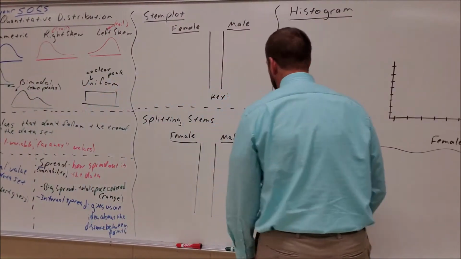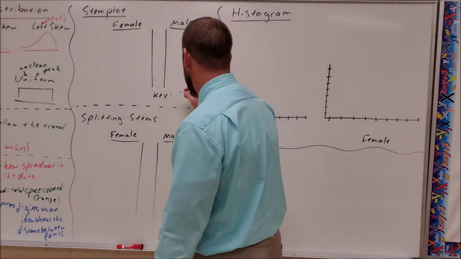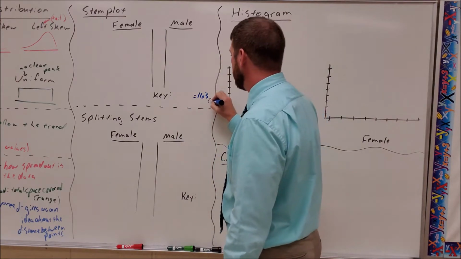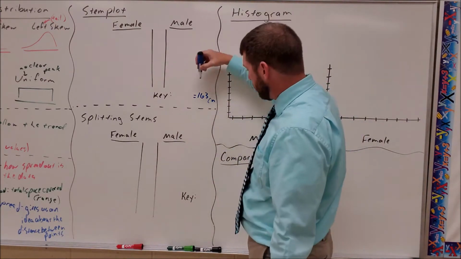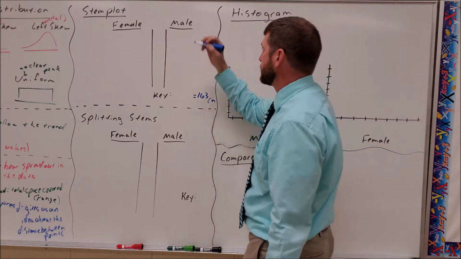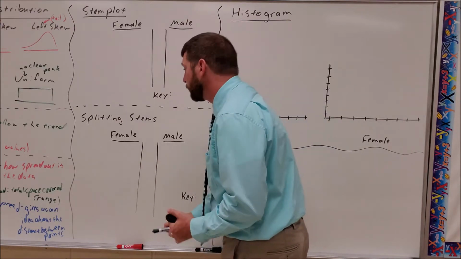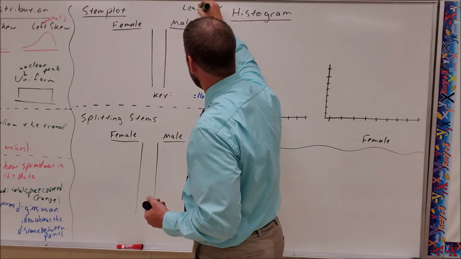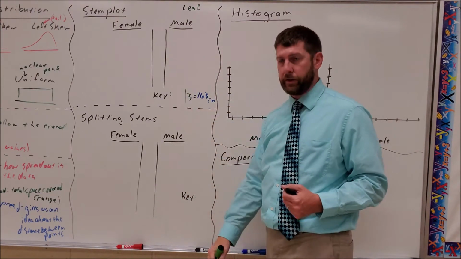If I want to do my stem plot and show 163 centimeters, it needs to be a stem and a leaf. The leaf is always going to be the very last digit. So I usually start my explanation of stem and leaf with the leaf. If I know my leaf needs to be 3, we're just going to break the number at 3.